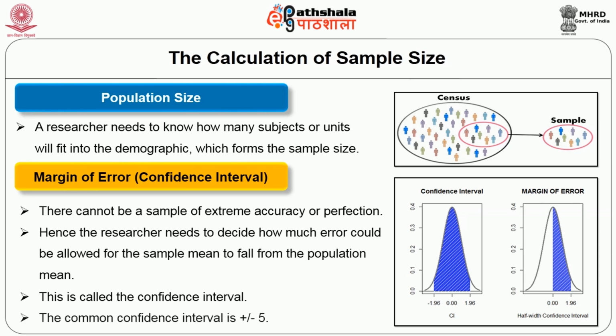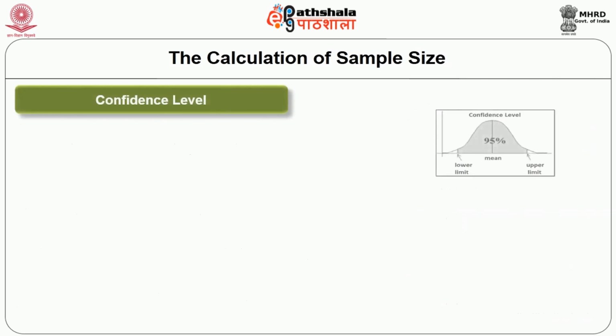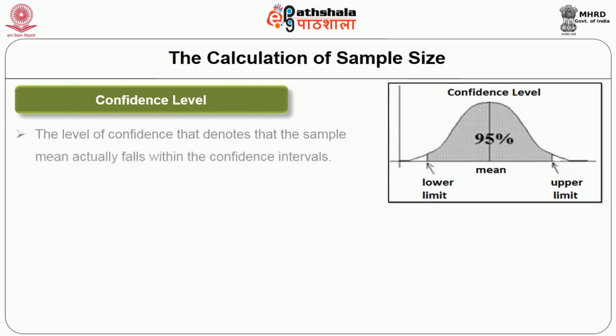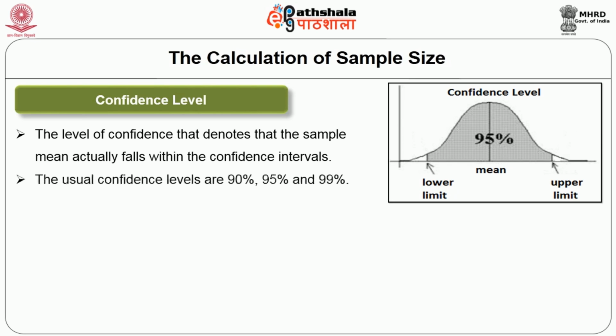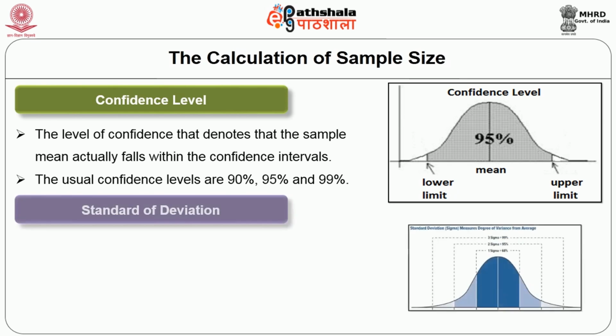The common confidence interval is plus or minus 5. The confidence level is the level of confidence that denotes that the sample mean actually falls within the confidence intervals. The usual confidence levels are 90%, 95% and 99%.